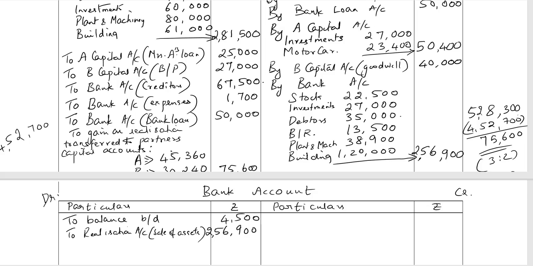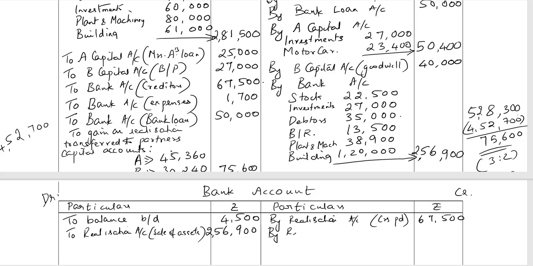And on the debit side of the realization, the payment to creditors. By realization account, creditors paid, 67,500 rupees.